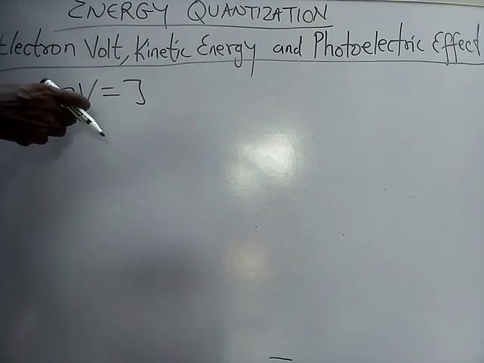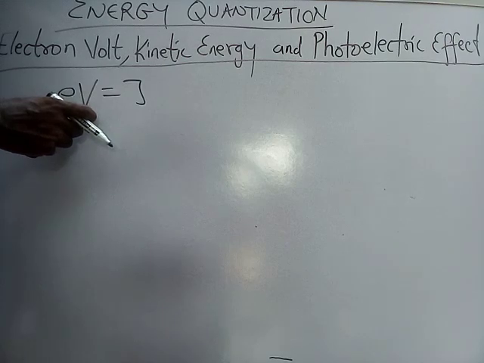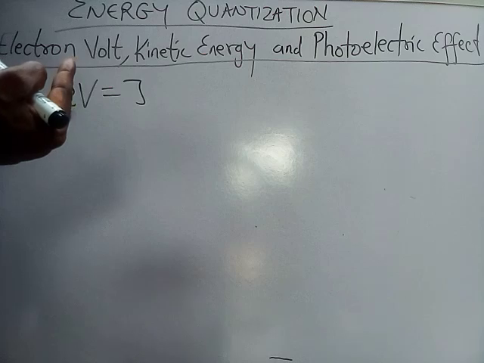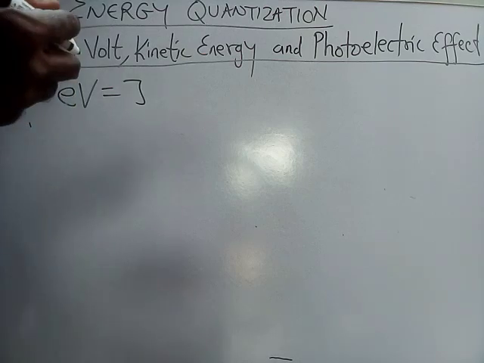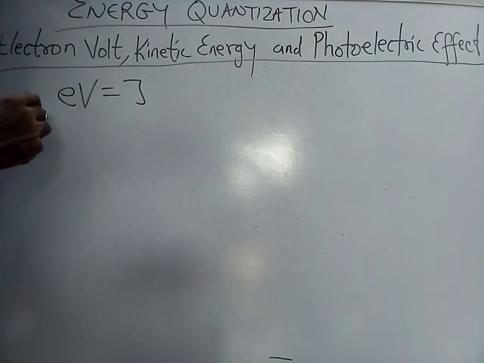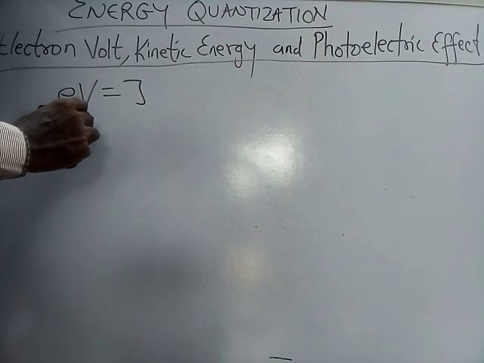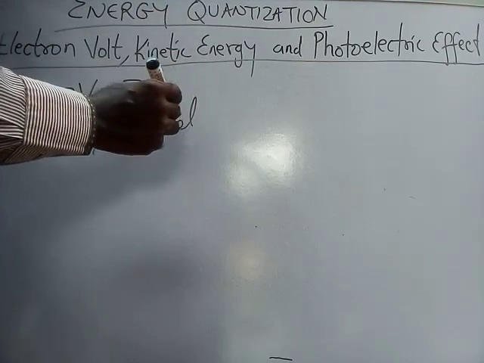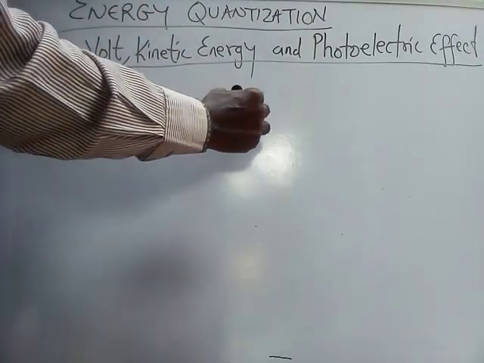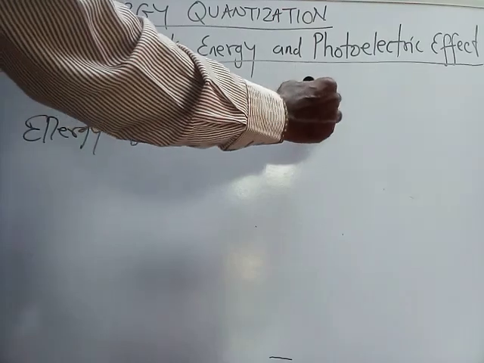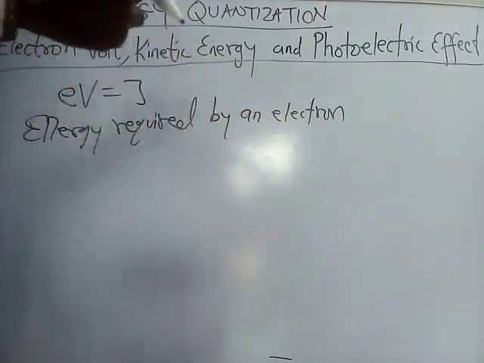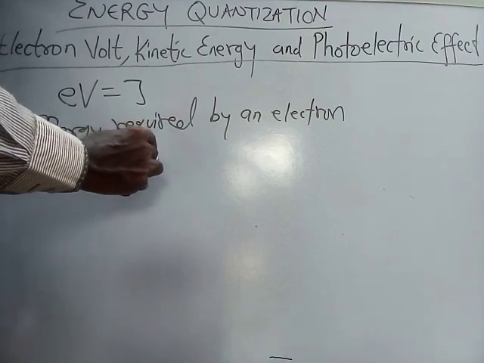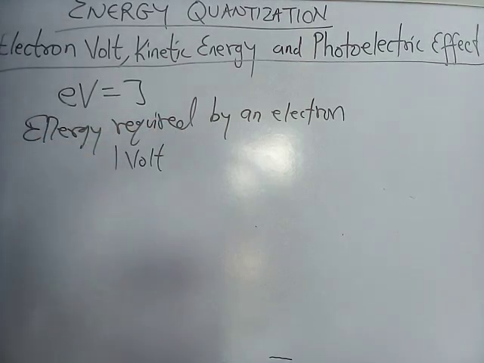An electron volt is the energy required by an electron in falling freely through a potential difference of 1 volt.